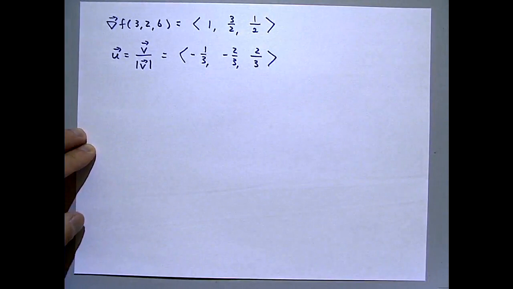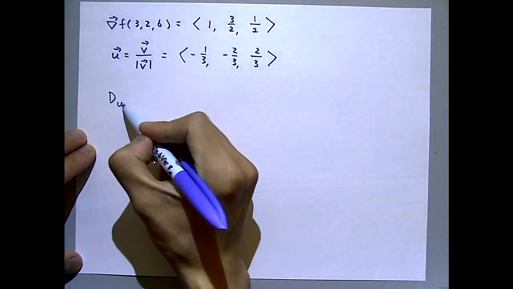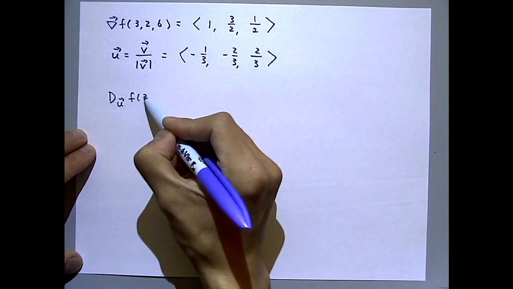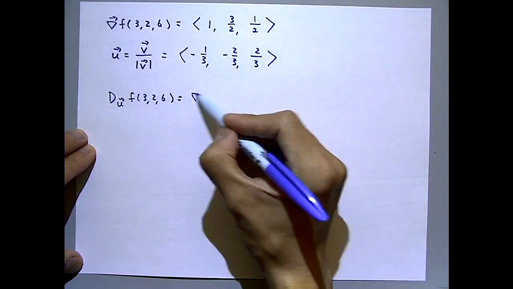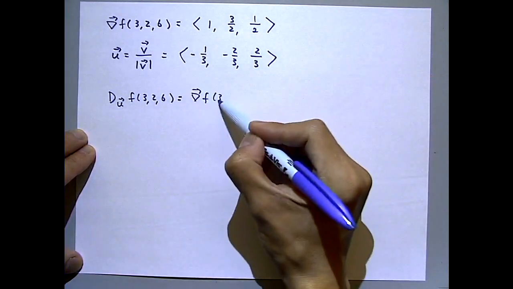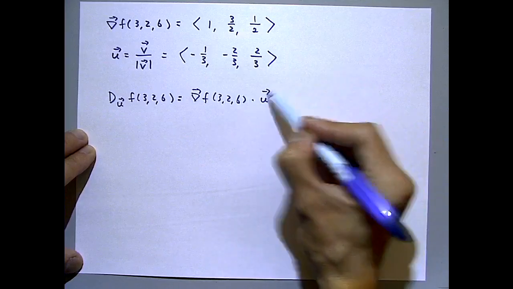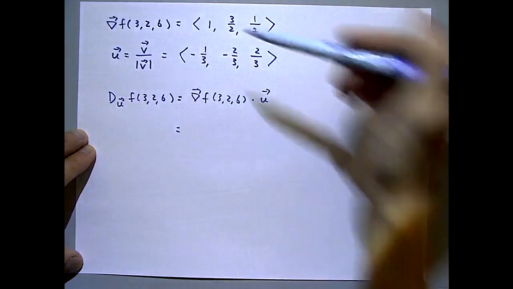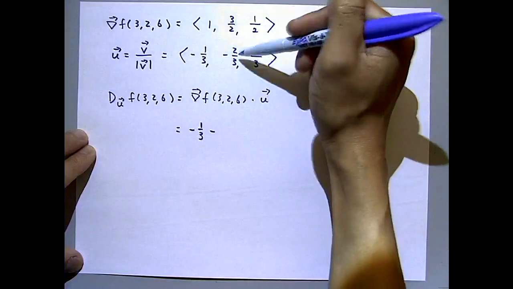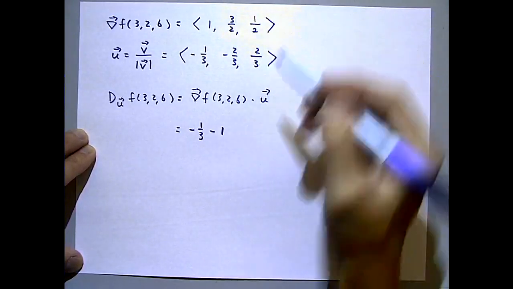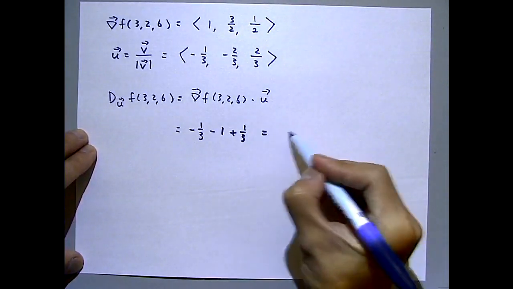Then you dot these two together, and you will get your directional derivative. Del f at 3, 2, 6 dotted with u, and we get minus 1/3 minus 1, plus 1 over 3, so we get negative 1.